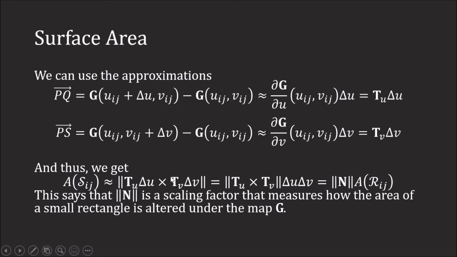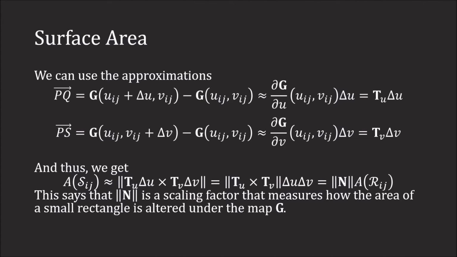T sub U delta U cross T sub V delta V. But delta U and delta V are constants, and remember, with cross product we can put the scalars anywhere we want. We would have to take the absolute value, but delta U and delta V are positive anyway, so the absolute value is not necessary.